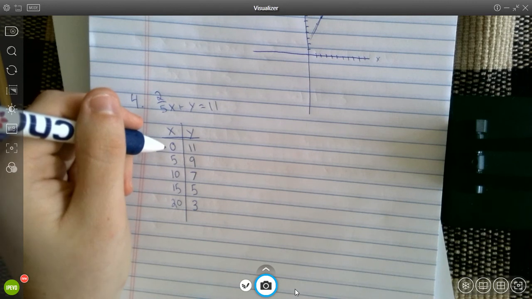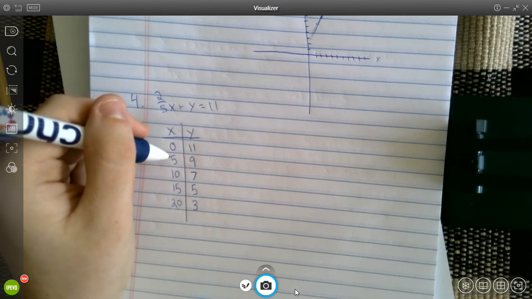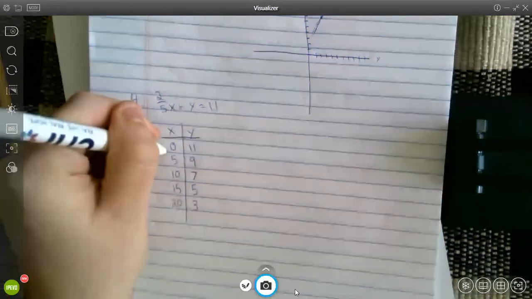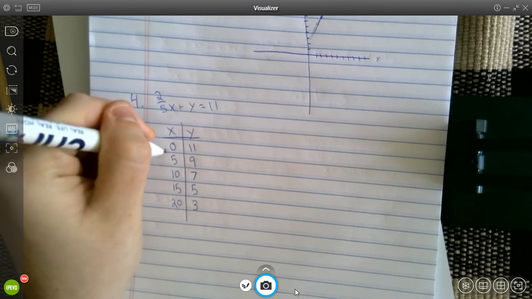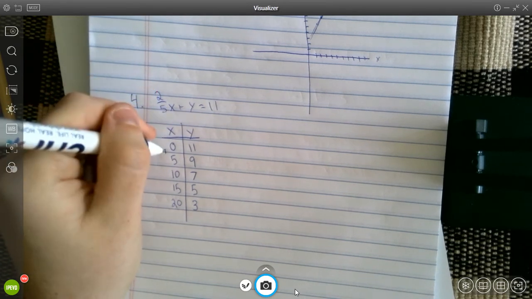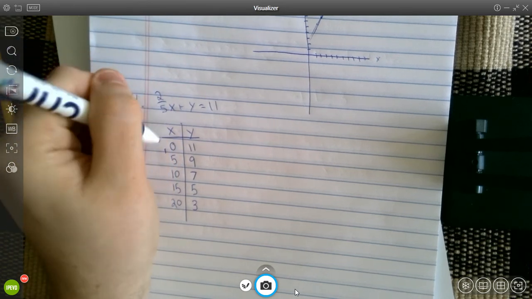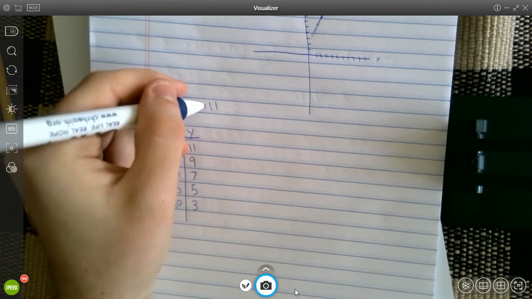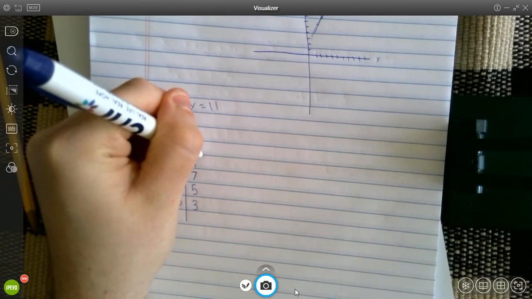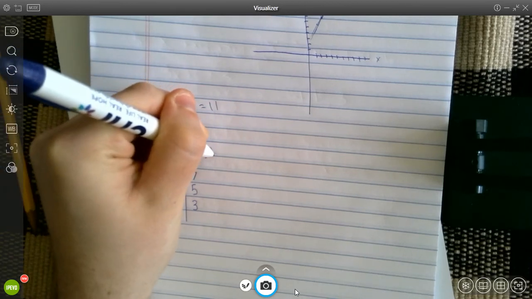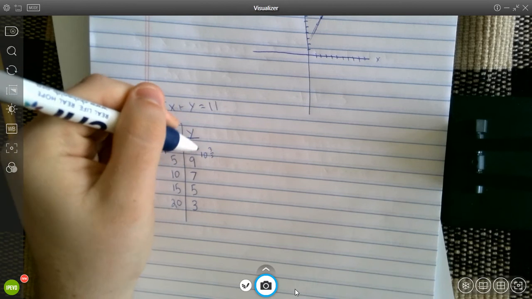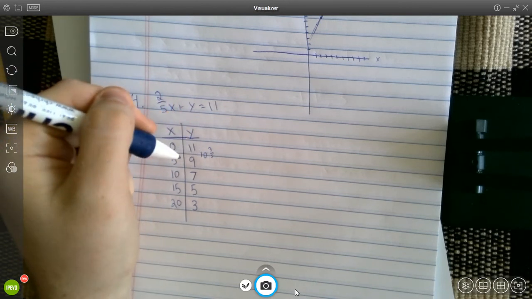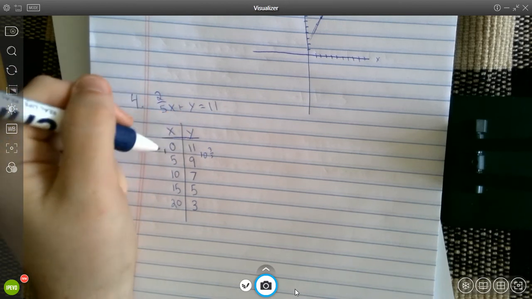Obviously, we could find values in between 0 and 5, but it is going to be a lot more complicated. For example, if we wanted to find the value for x equals 1, 2/5 times 1 is 2/5. In order to add something to 2/5 to get to 11, we would have to add 10 and 3/5, which, as you notice, is a fraction in our problem here.